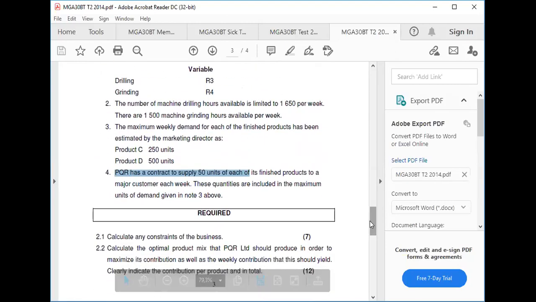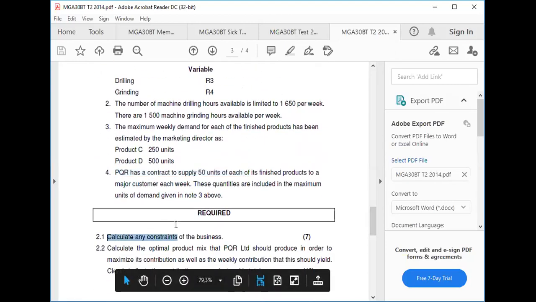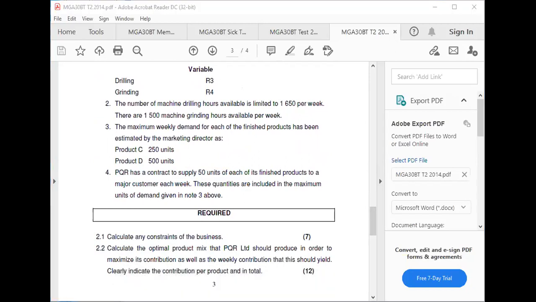Calculate any constraints in the business.